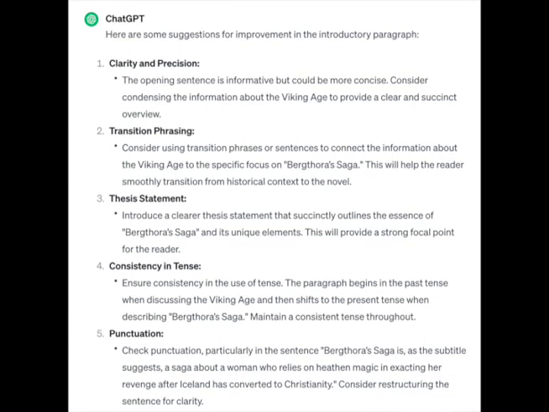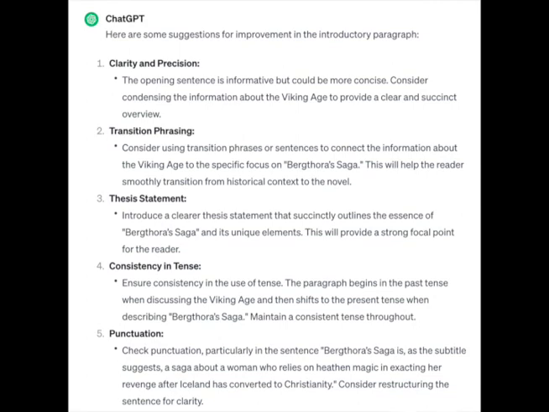Number two, transition phrasing. Consider using transition phrases or sentences to connect the information about the Viking Age to the specific focus on Bergthor's saga. This will help the reader smoothly transition from historical context to the novel.